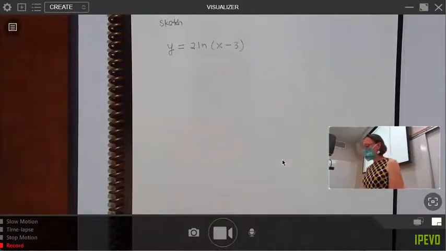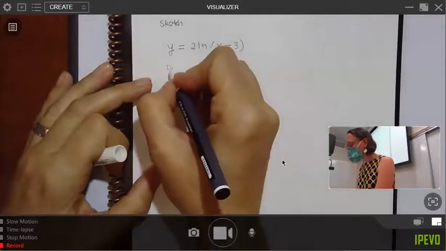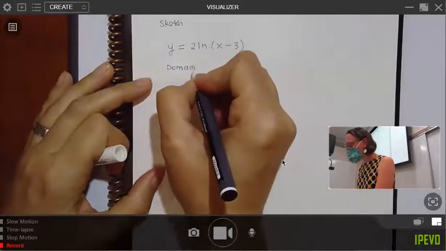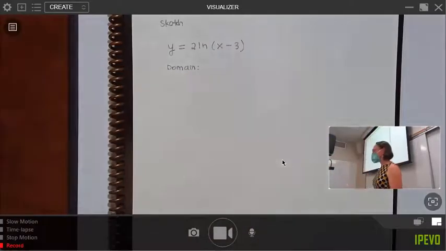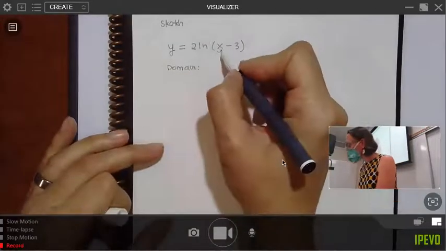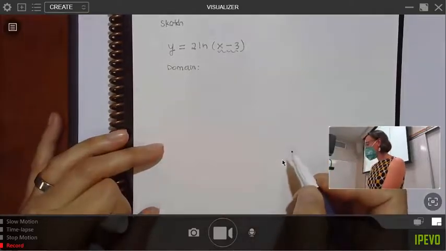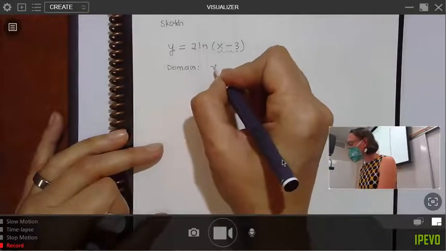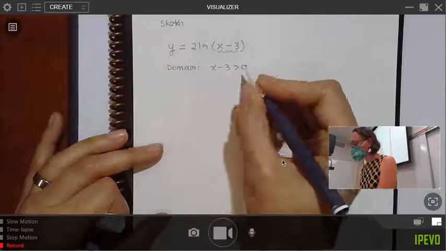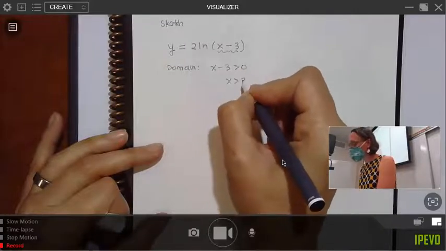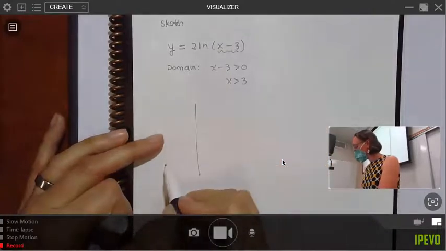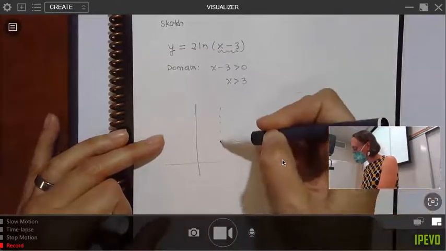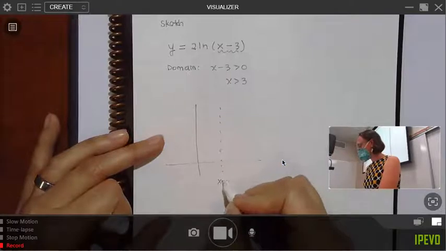Well, from a domain perspective, whatever is inside of the natural log has to be greater than 0. So this would tell me from a domain perspective that x minus 3 has to be greater than 0, or x has to be greater than 3. And that just pushed my vertical asymptote over here to x equals 3.